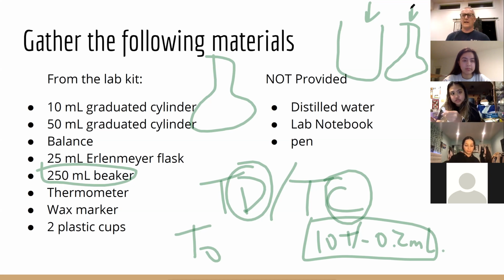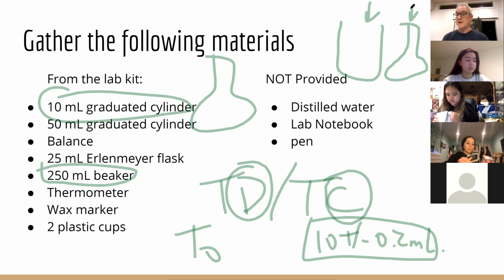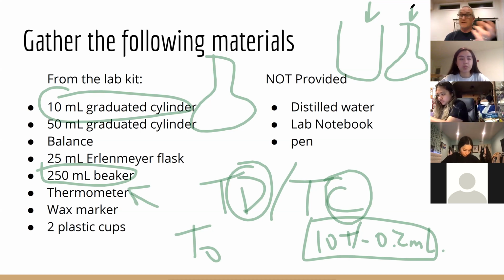If you want about half a liter of water, we'll fill a beaker to where it says 500 mils, and that's close enough. If we need precisely 500 milliliters, we would get ourselves a 500 milliliter graduated cylinder and get it to a precise place.